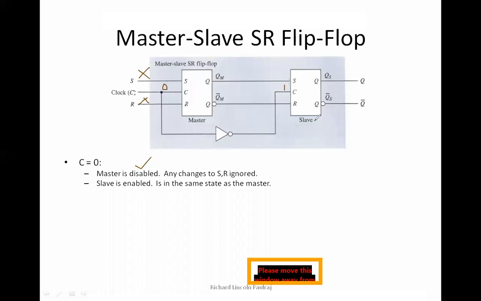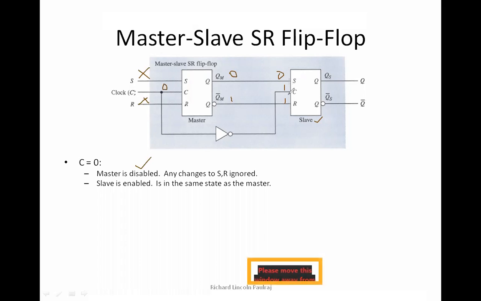And here the slave is enabled. It is the same state as the master. Whatever state was there in the master previously, say if 0 was here and 1 is here, the same would be here, 0 and 1. So both of them will be in the same state when C is equal to 0.